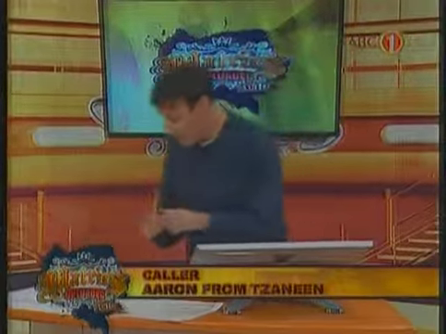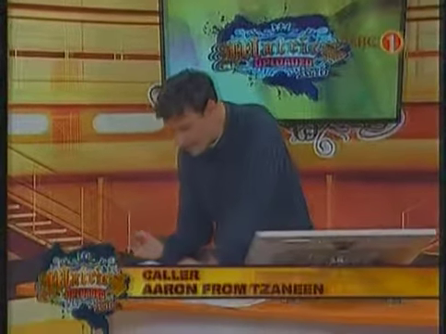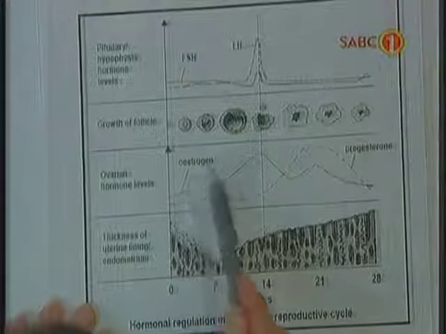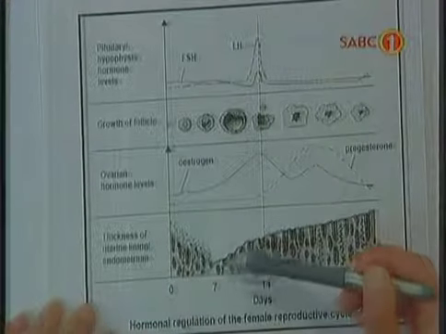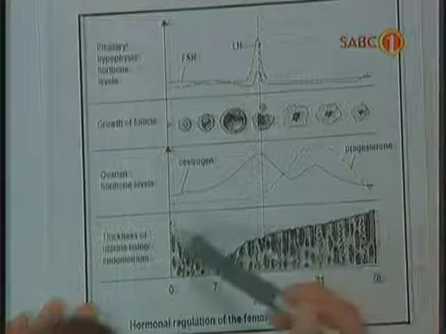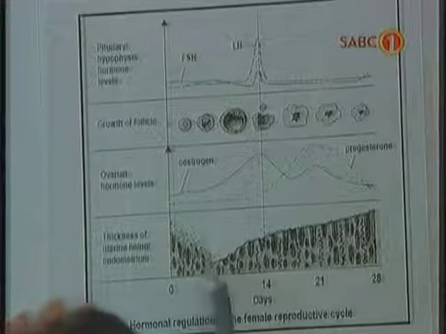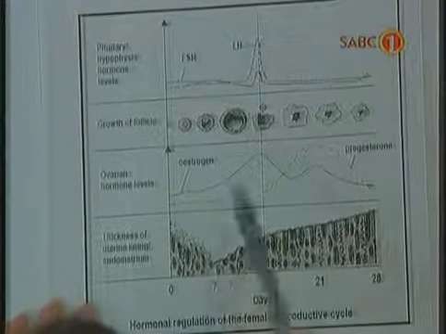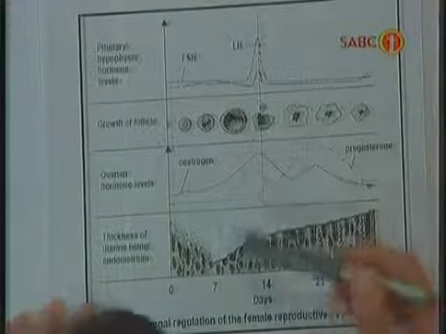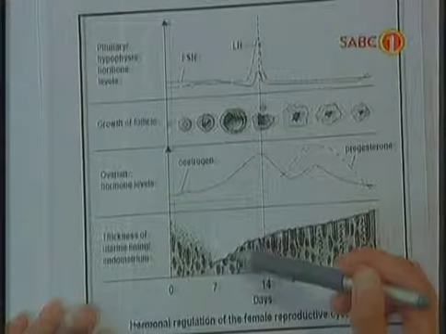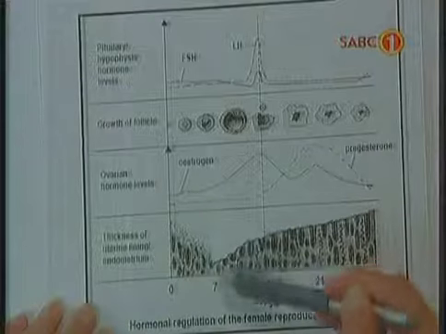Okay, so if we come back to that work we were looking at just now, remember, the estrogen is the hormone that starts getting the endometrium repaired. Because remember, she's menstruated there, so her endometrium is very thin. But with the rising levels of estrogen, we see that the endometrium begins to repair itself and become thick.